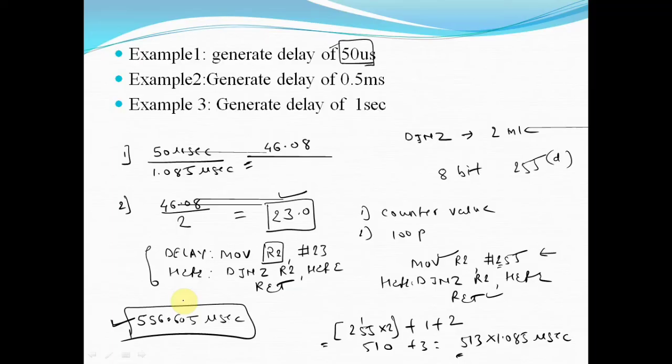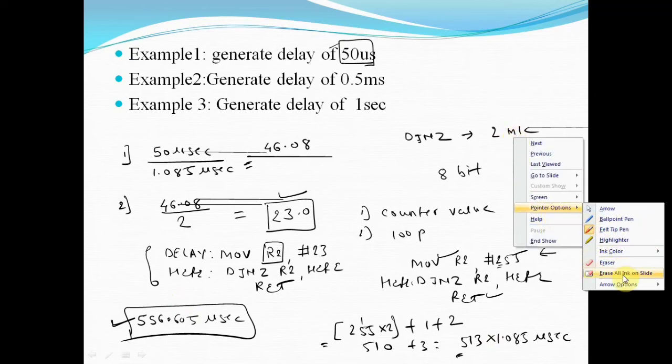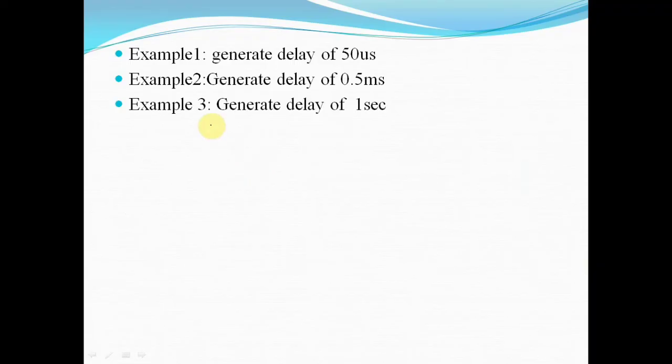So now let us understand how to calculate the count value for larger delays. Let us consider one more example, this third example. Suppose you want to generate a delay, first we will take a milliseconds value.